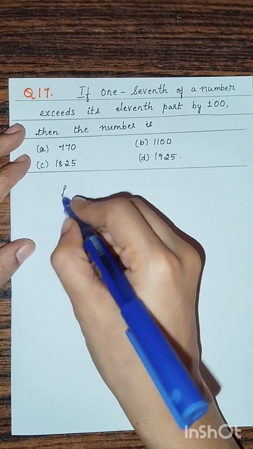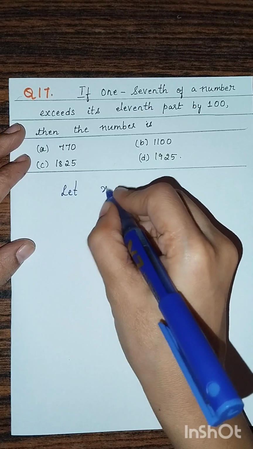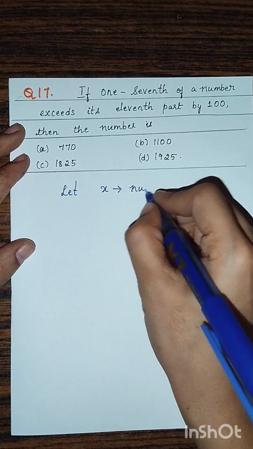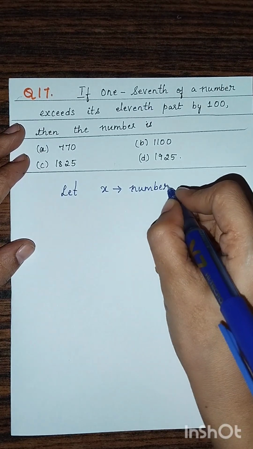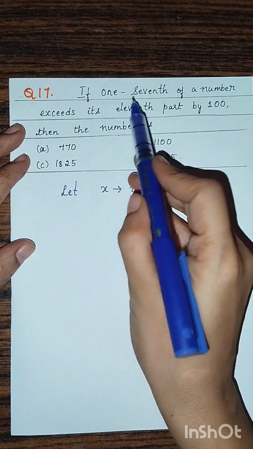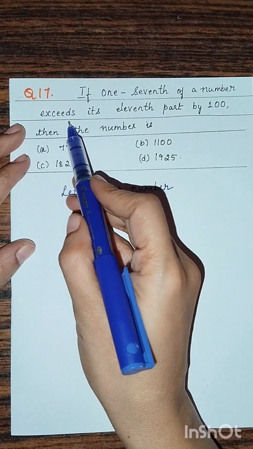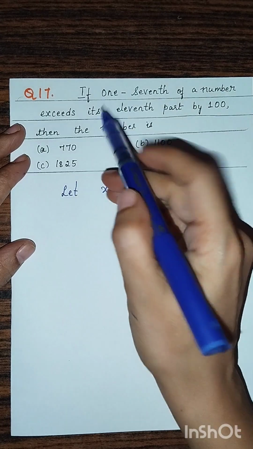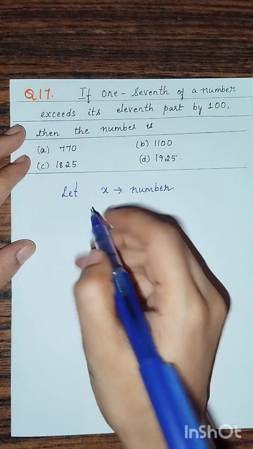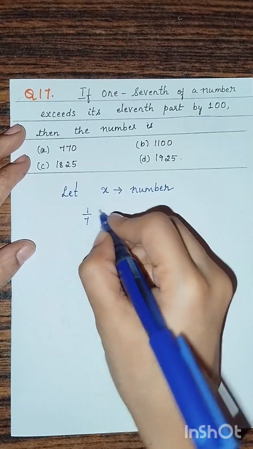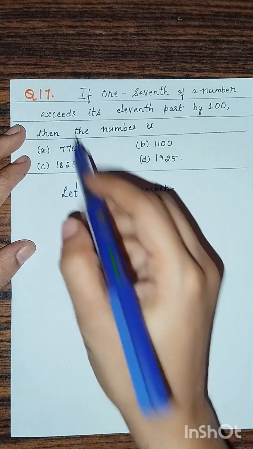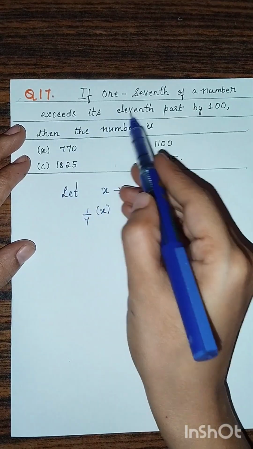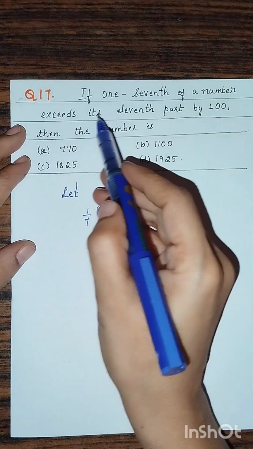So let x be that number. So first let us translate every phrase. 1/7 of a number, so we will write 1/7 of x exceeds its 11th part by 100.